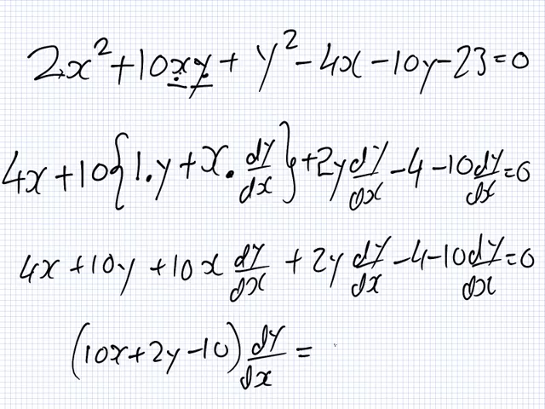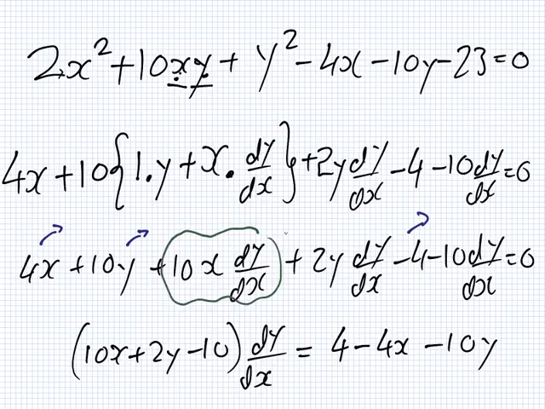So I have 10x plus 2y minus 10 dy/dx equals 4 minus 4x minus 10y. Because I'm taking the 4x to the right, I'm taking the 10y to the right, I'm taking the minus 4 to the right, and I put this one together with this one, together with this one.